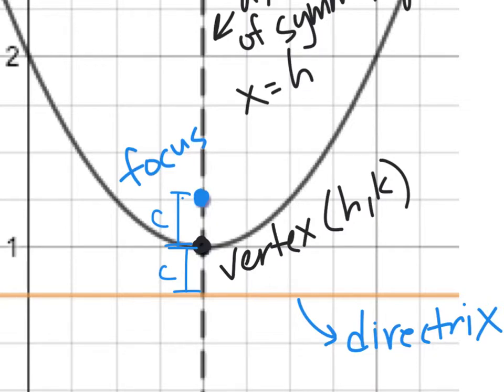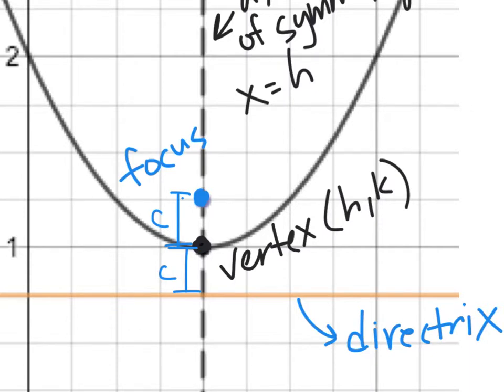To get to the focus, do I go up or down? Up. If I want to move up from the vertex, do I move H or K? K. Why K? Because it's Y. So what do you think is the coordinate of the focus?